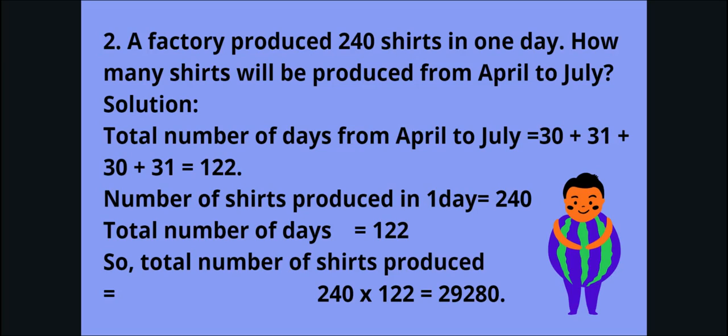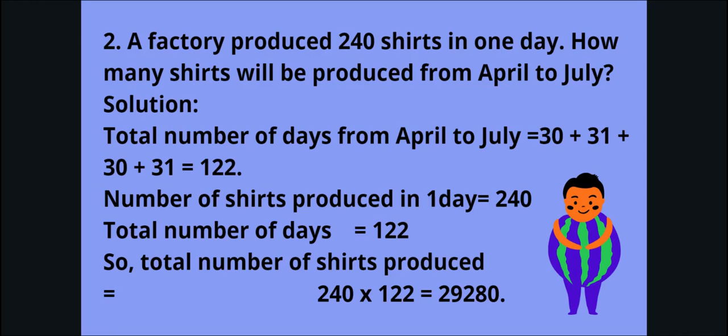Next, we solve the problem. Number of shirts produced in one day is 240. Total number of days is equal to 122.